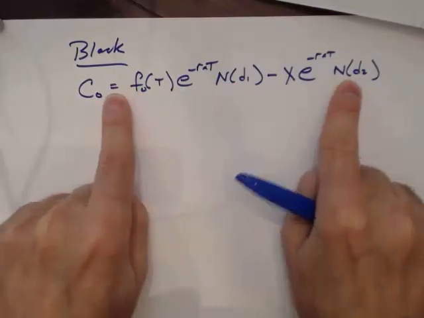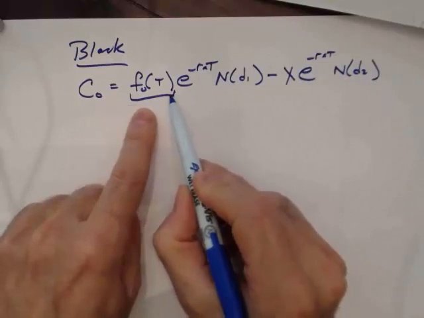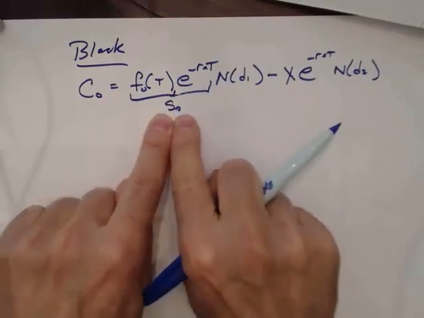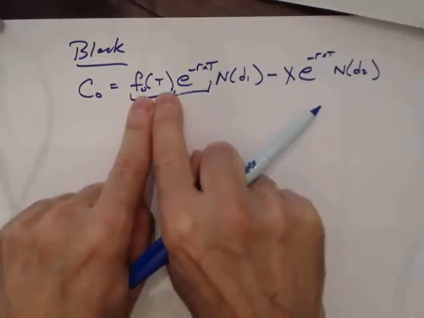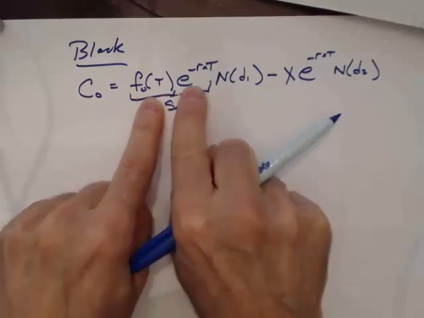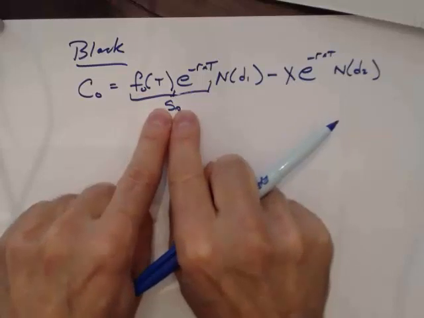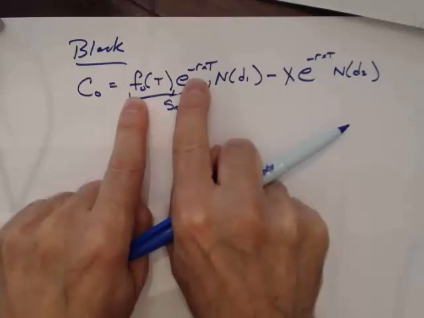But here, this whole thing takes the place of S. Remember, S was the spot stock price, and that was already a present value. This is just taking the present value of the futures contract, which is basically the cost to carry model on a continuously compounded basis.